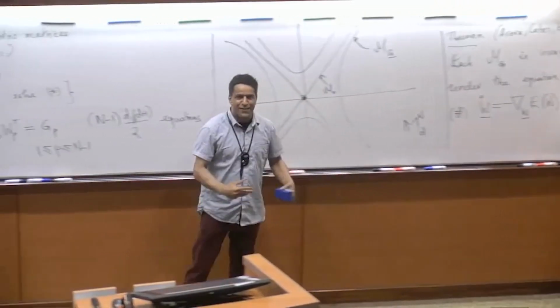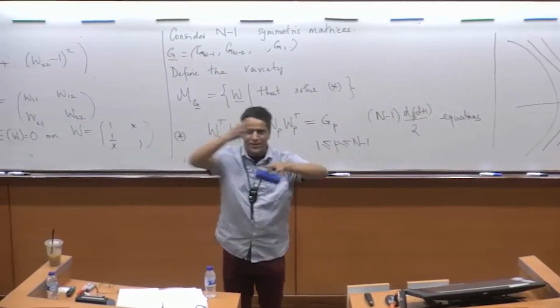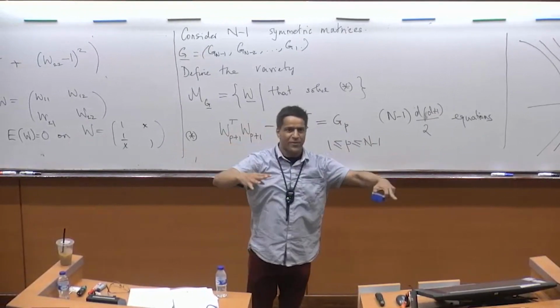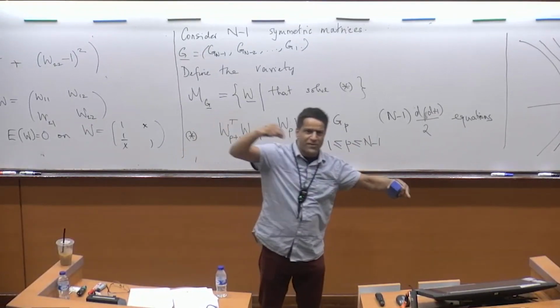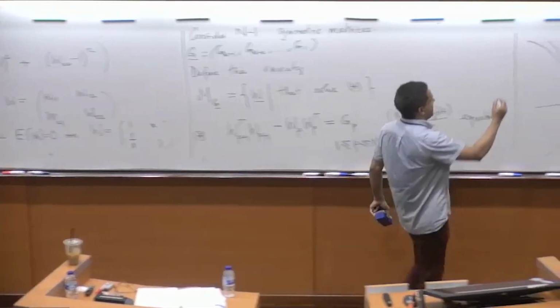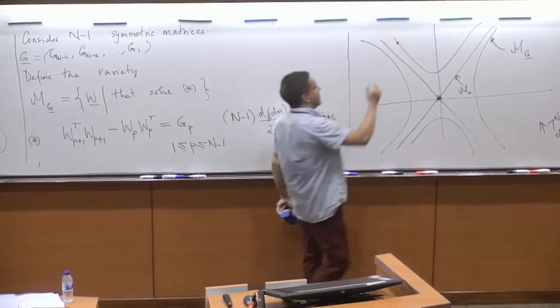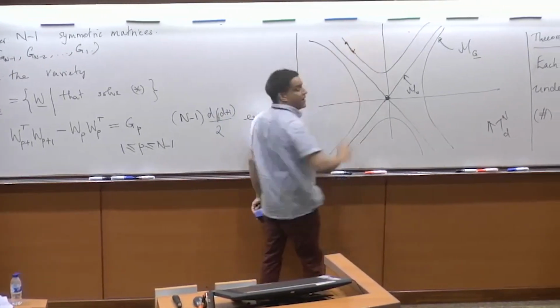So this is the kind of thing that gets a dynamicist hooked. You're trying to understand a dynamical system, you're trying to foliate your phase space and understand what's going on. So we've got the space of matrices, evolving under the dynamics. And what the theorem says is: start out on this guy, and you're always going to stay on this guy.